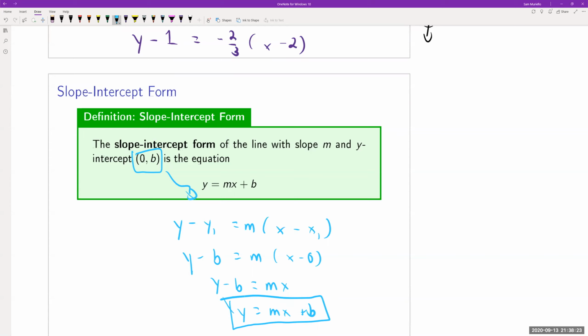I've got an input x and an output y. Writing it like a function is, again, a very helpful thing for word problems because I like to have an input and an output variable, an independent and a dependent variable. That being said, there may be times where slope-intercept form makes more sense than point-slope form, or there may be times where point-slope form makes most sense. We'll want to be familiar with both.